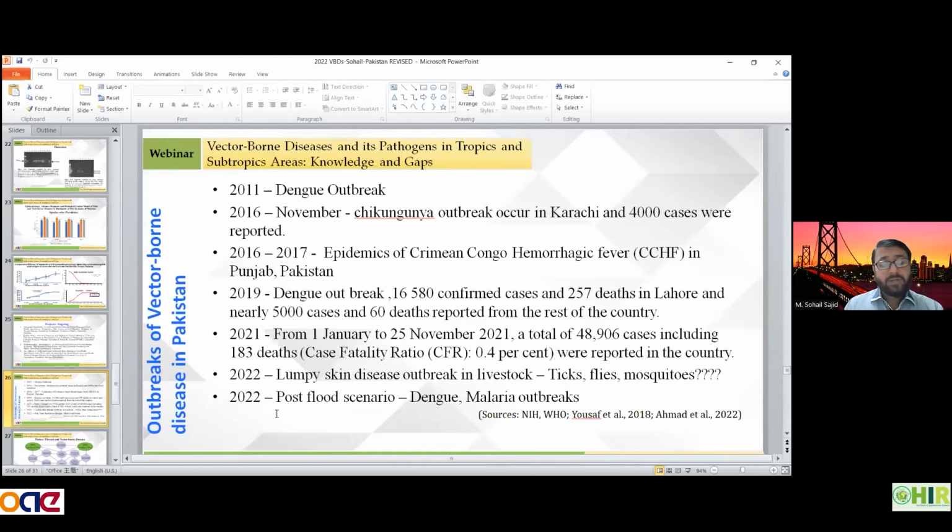That flash flood is attributable to 2 factors, the monsoon rains, plus there could be some climatic change and melting of the glaciers up in the north, which would now lead to mosquito propagation as well as other vectors, leading to malaria and dengue outbreaks, and we are already into these 2 outbreaks.